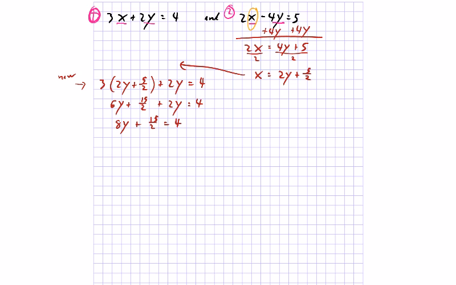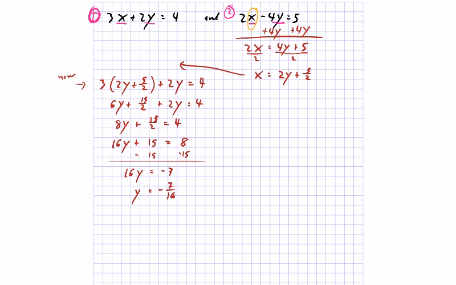I like to get rid of fractions, so I will multiply both sides by 2 and get that 16y plus 15 must equal 8. And now we can subtract 15 from both sides. And we can say that 16y is equal to negative 7. So y is equal to negative 7 over 16.